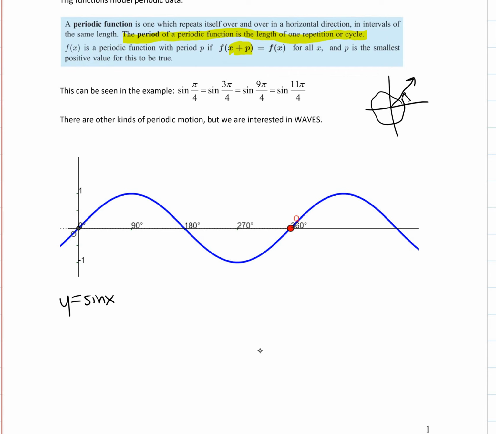The first thing is there is a max, and that max obviously repeats over and over. When you think about a period, you are going from one spot to the next repeating value. So a period could be a max to a max, or a min to a min, or a middle to the next middle, a full cycle.